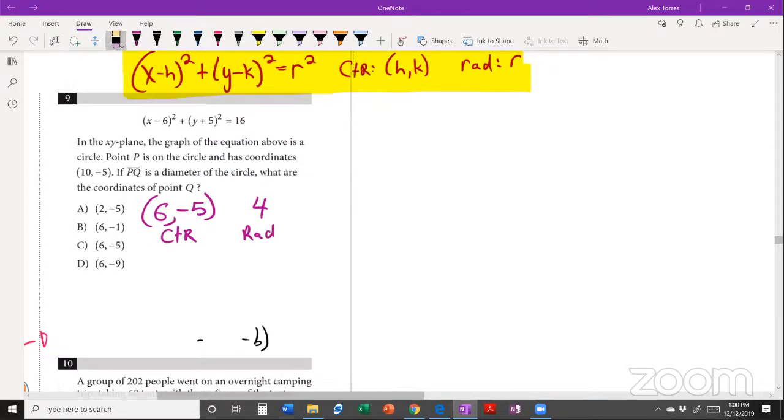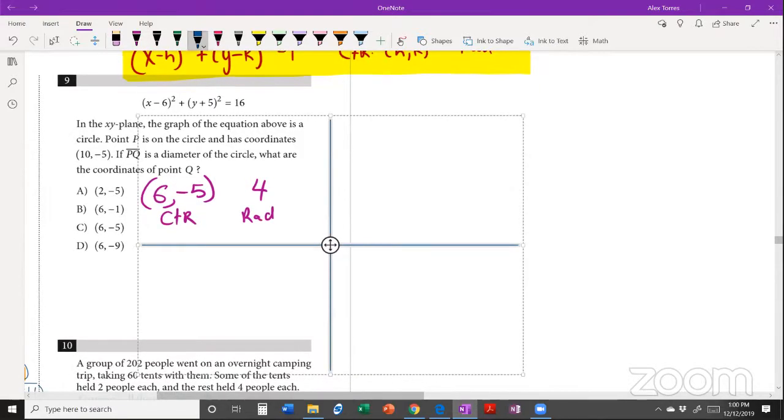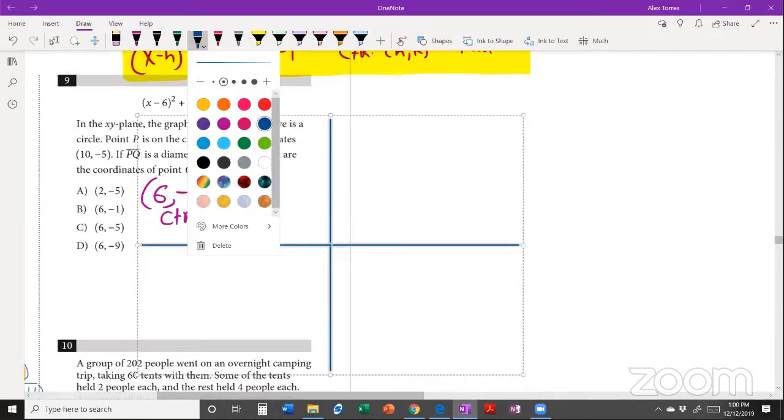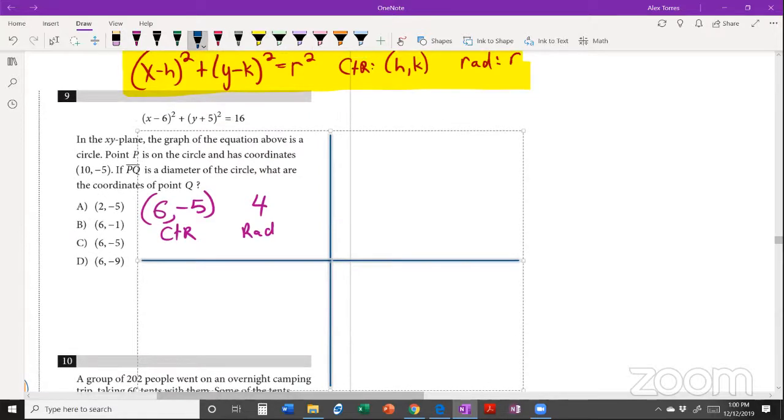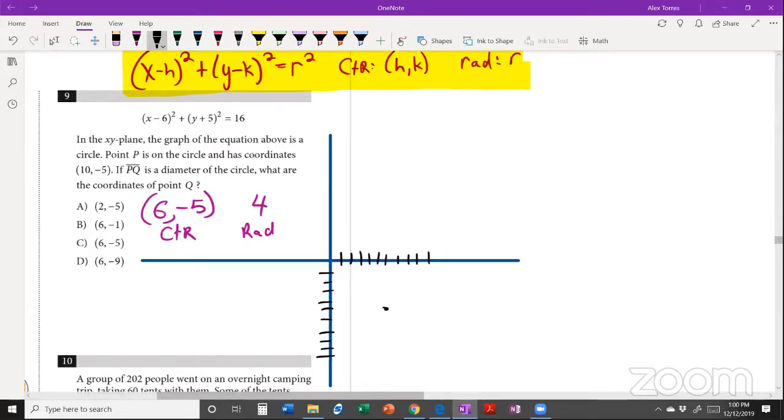Okay, so we've got our XY axis like that. And we've got a center of 6, -5. So 6, -5 will be around here.